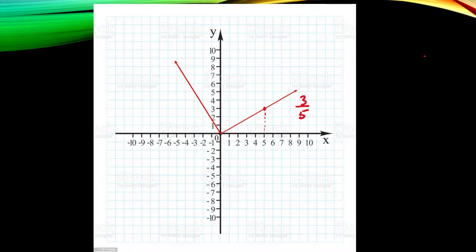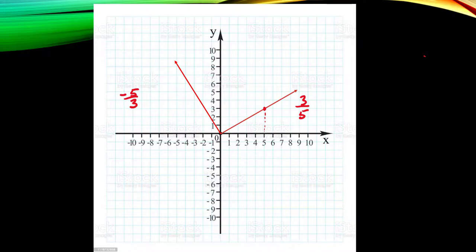And all we have to do is, from the origin, draw a line that has a slope of negative 5 over 3. So this was 3 over 5. The negated reciprocal is negative 5 over 3.